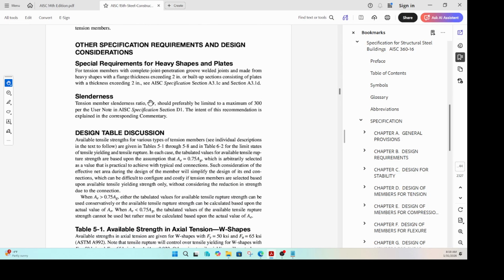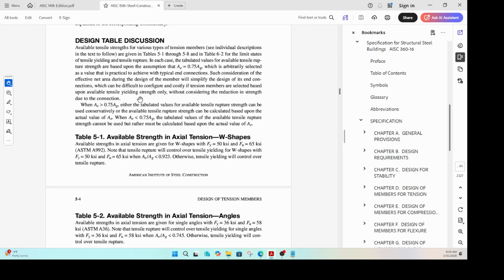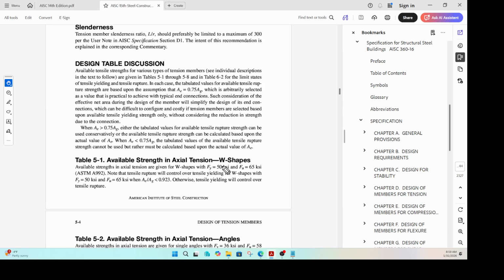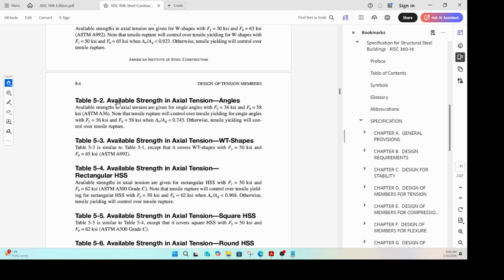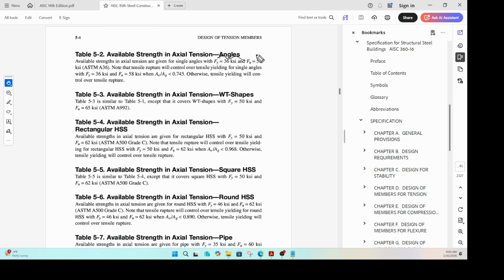Then there are again a bunch of tables available, but for different shapes, for example the W shape. If you satisfy the criteria for the relationship between AE and AG, then these tables are useful. This one here is for angles: if your tension member is an angle, a T shape, or HSS, round or square or pipe.